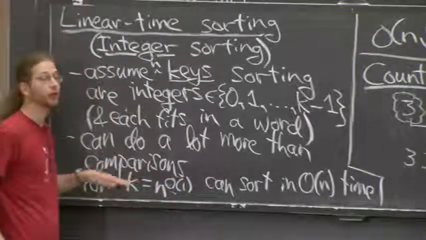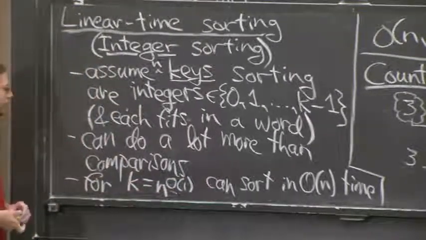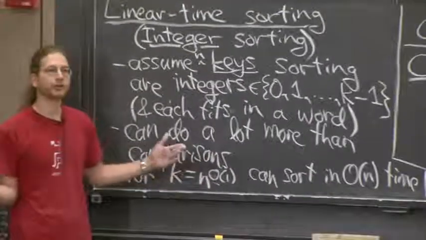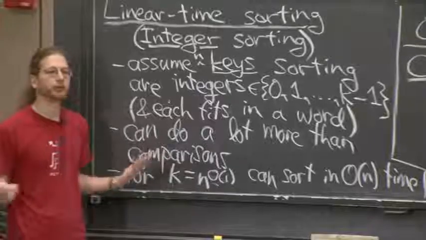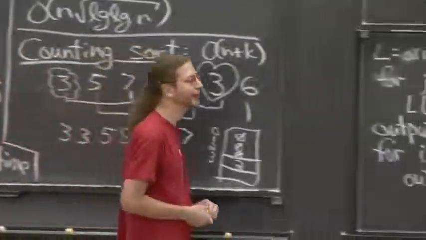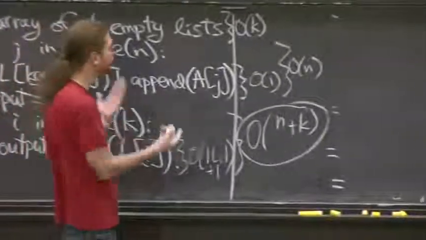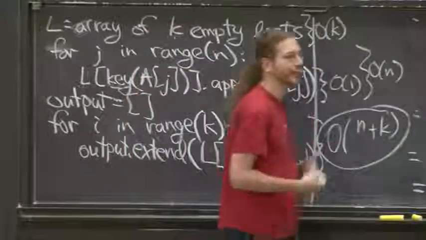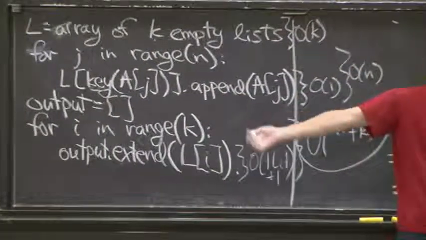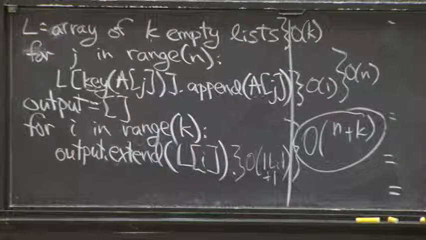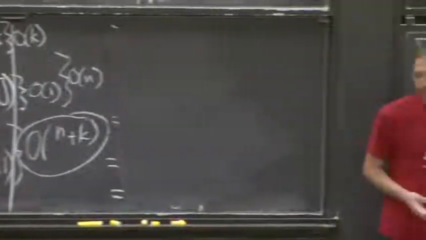K can be polynomial in n. So like if all your integers are between 0 and n to the 100, you can sort them in n log n time. That's a lot bigger. It's not just like 10n. I mean, you could do 10n here as well with counting sort. And it's not just like n log n, but they can go all the way up to n to the 100. Still be linear time. So that's what we're going to achieve.